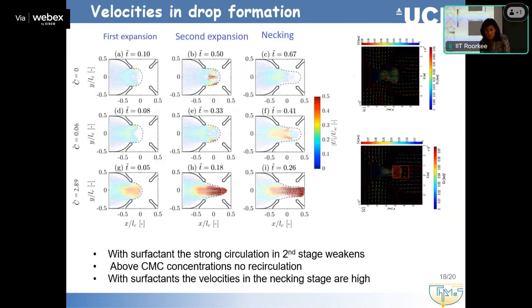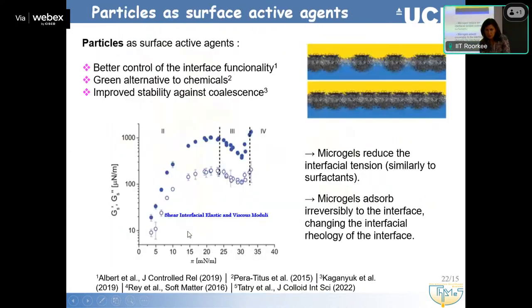So I'll go on to mention something else that I think is also very interesting, especially for the people thinking about future research and projects. We've talked a lot about surfactants, and they're used a lot.